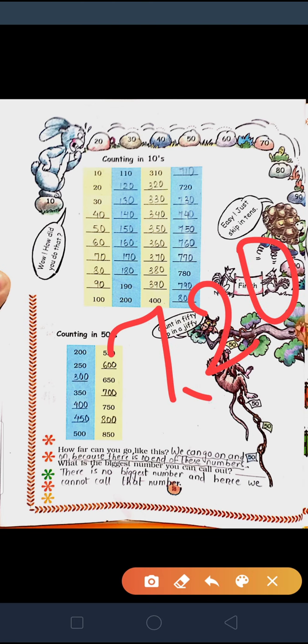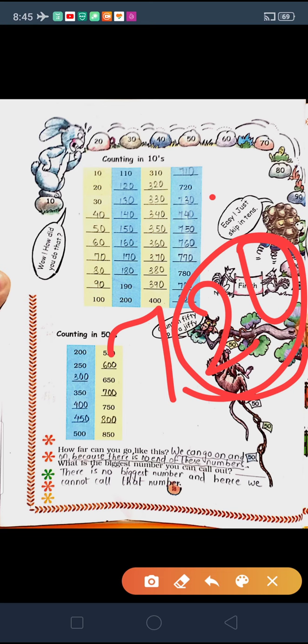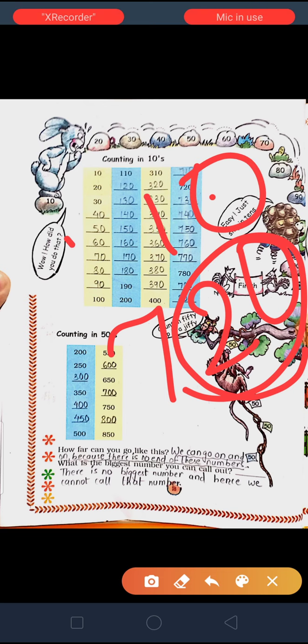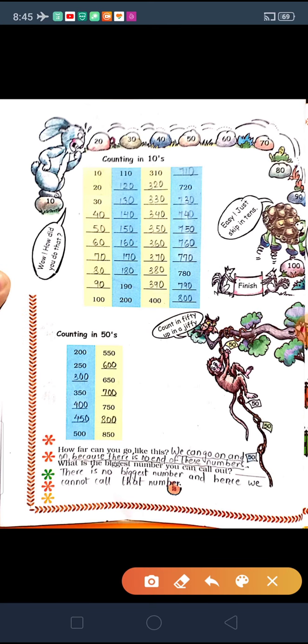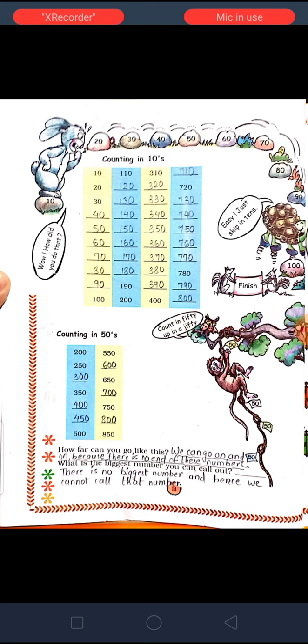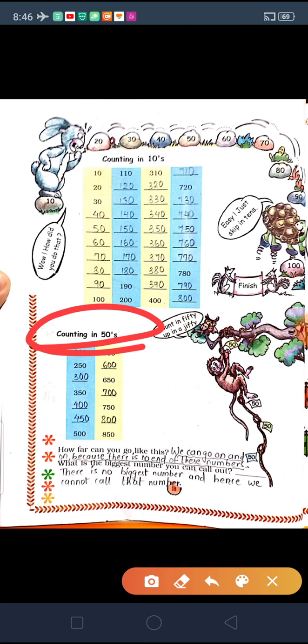If we are counting in tens, before 720 what comes? 710. Then 720 is given, 730, 740, 750, 760, 770. Then 780 is given. If you add 10 to 780, you will get 790, and adding 10 more, you will get 800.